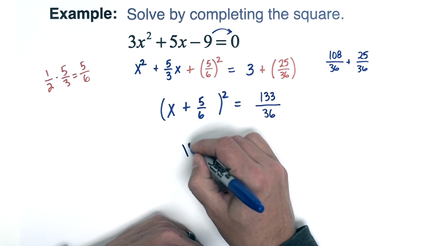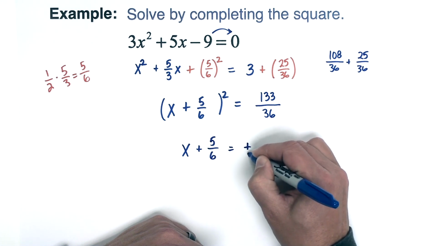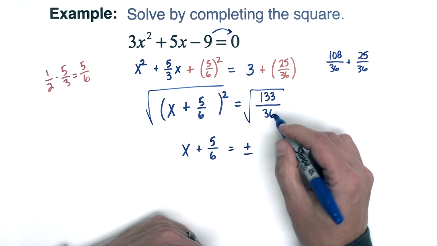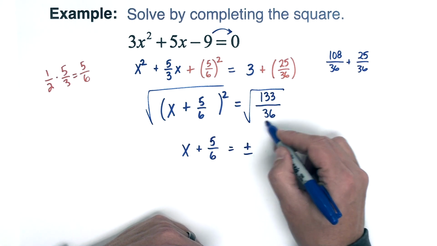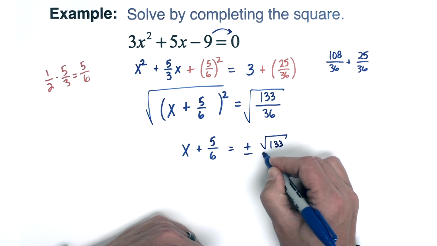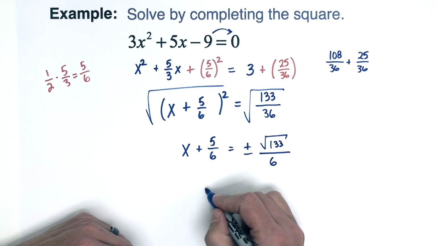So we're going to have x plus 5/6 equals plus or minus. Now we're putting square roots on both sides. So I'm going to go ahead and simplify this because that's a perfect square. So I'm going to have the square root of 133 over 6. I'm going to subtract over my 5/6.